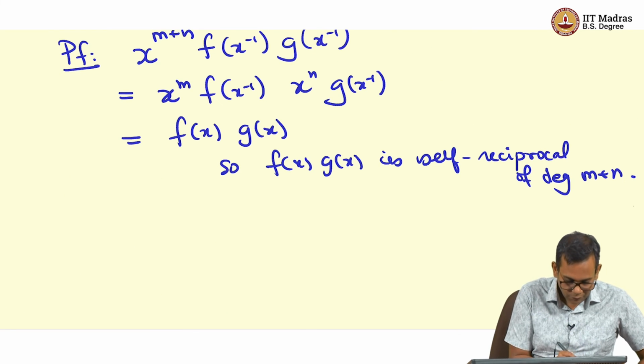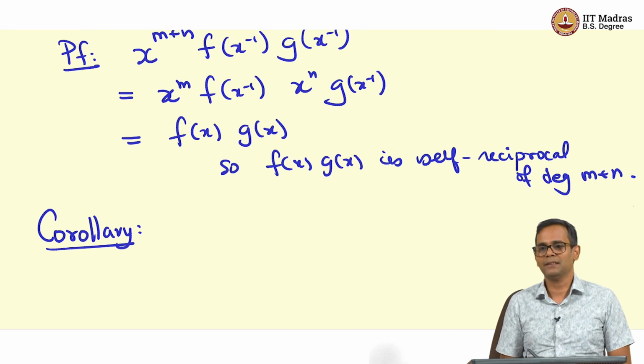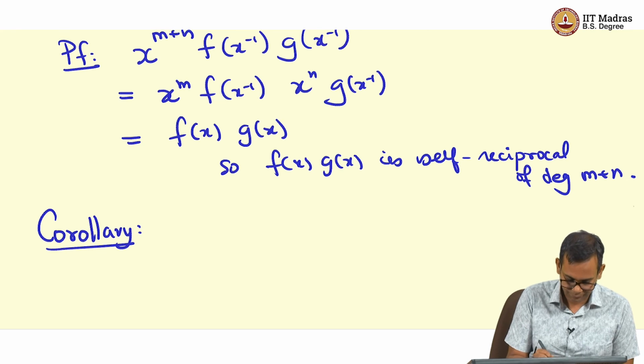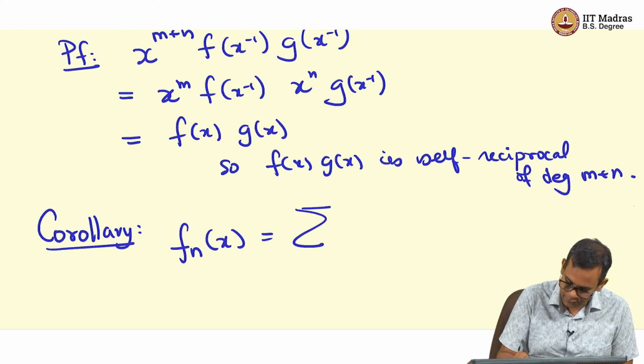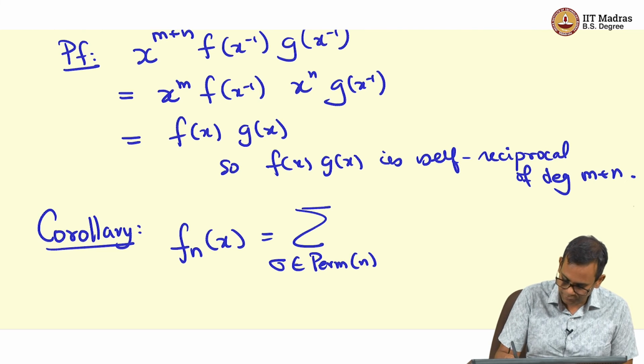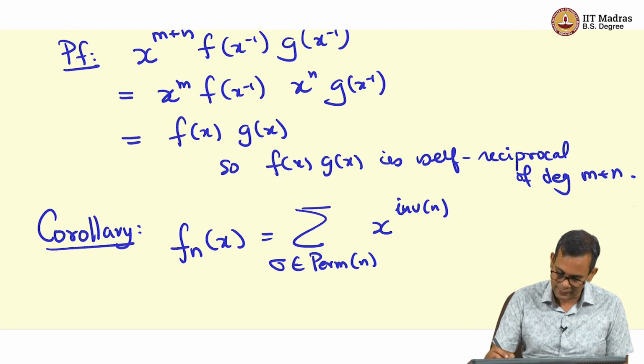And a corollary of this is that our Poincaré polynomial is self-reciprocal. Remember, this is the sum over permutations of n of x raised to inversions of sigma. This is self-reciprocal.